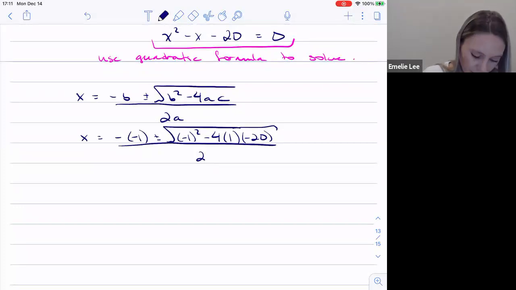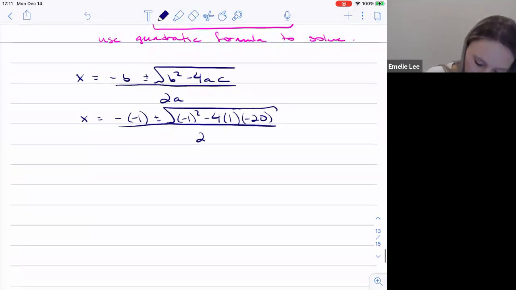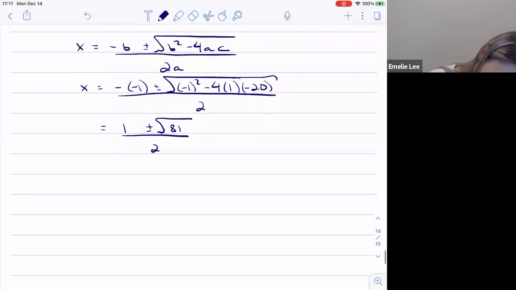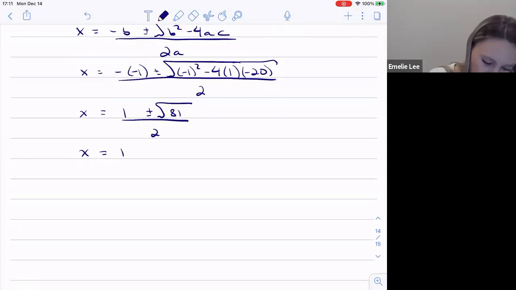And I have 4 times 1 times negative 20. So I have 1 minus negative 80, which is 81. So I have 1 plus minus the root of 81 over 2, which means I have the root of 81, which is 9. So 1 plus minus 9 divided by 2.